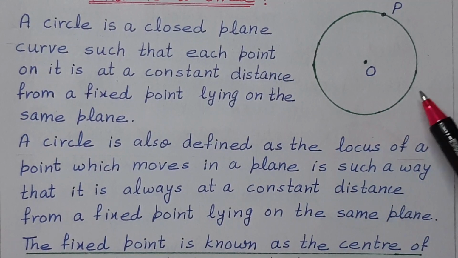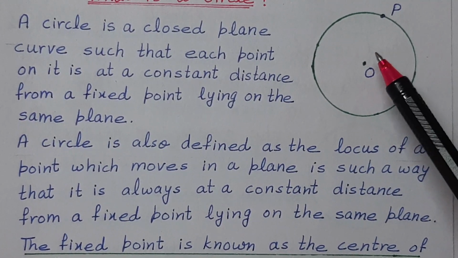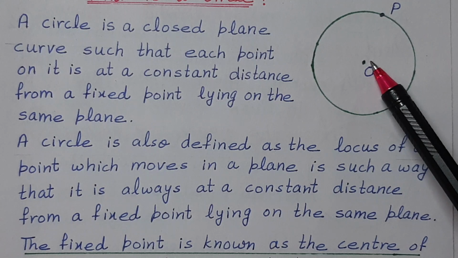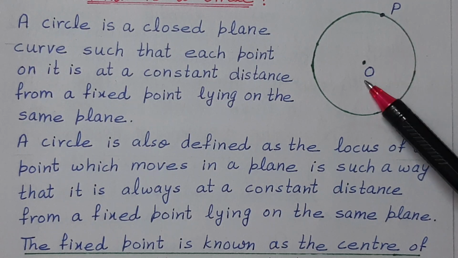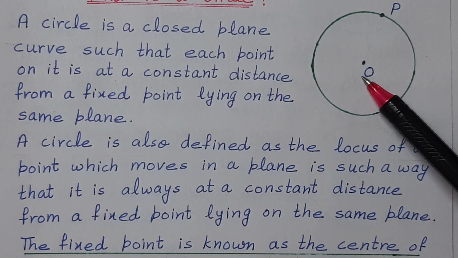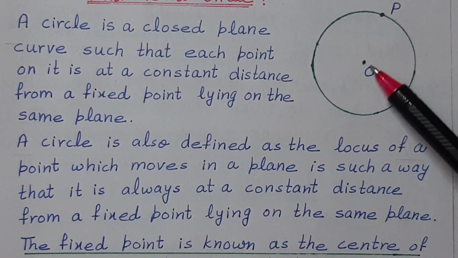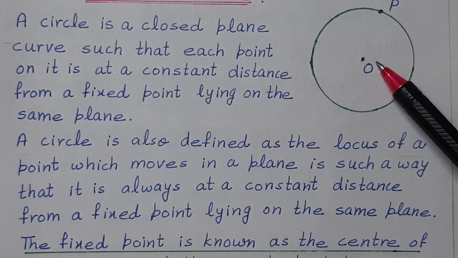Now students, the fixed point is known as the center of the circle. Clear? And the constant distance between the center and any point on the circle is called its radius.